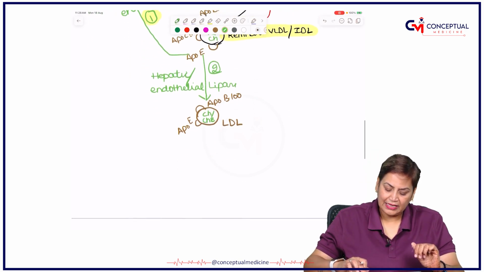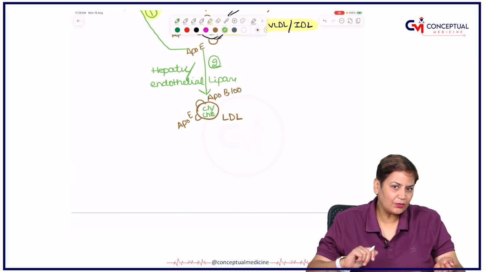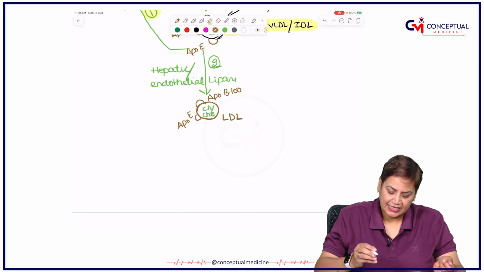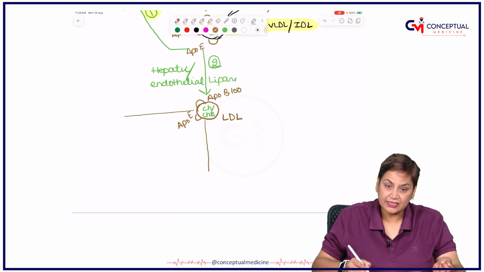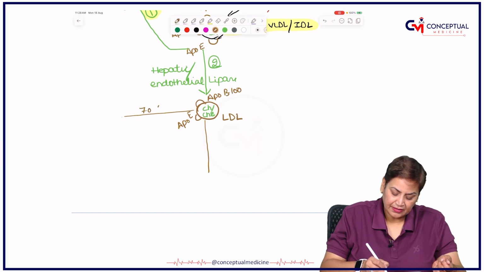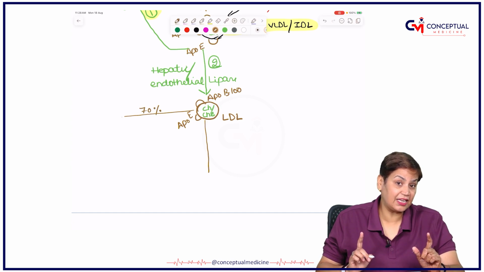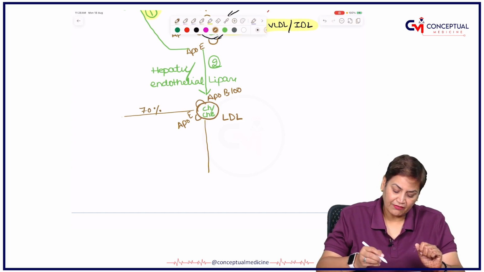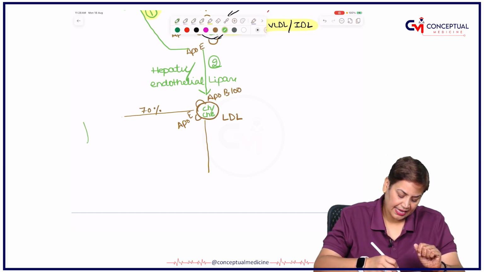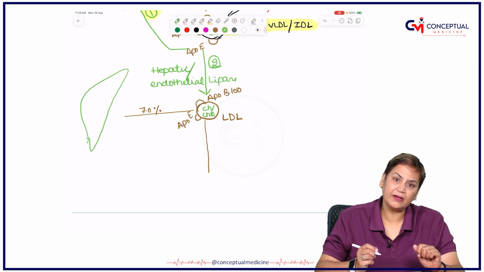Now, what is the fate of this LDL? Again there are two fates. 70% of LDL, and you see Apo E is still sticking to it, will again be accepted by the liver.